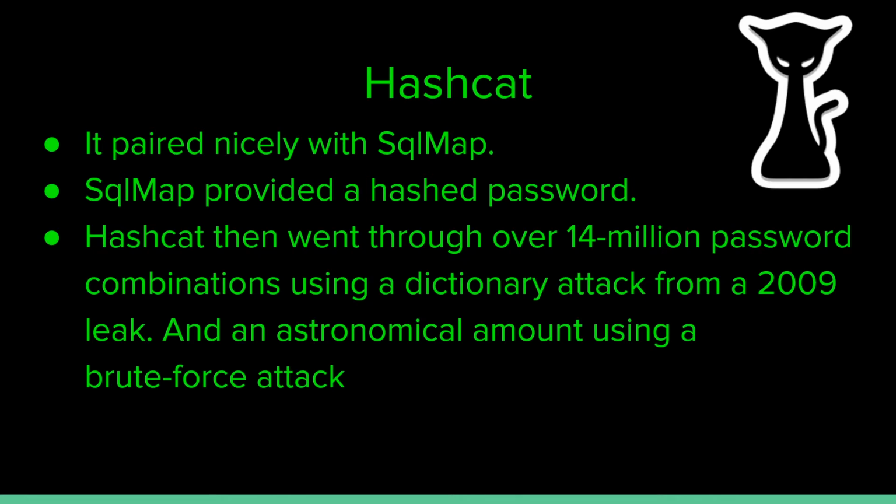The way Hashcat works is that it puts every single one of those passwords through a hash function, depending on the switches that we pass in. In our case it was the MySQL 4.1 hash, something like that, I don't remember exactly. So it computes the hash of every single password, and then compares it to the hash that we gave it originally from the website. Once it finds a match, it returns that plain text password, and that's essentially our password.